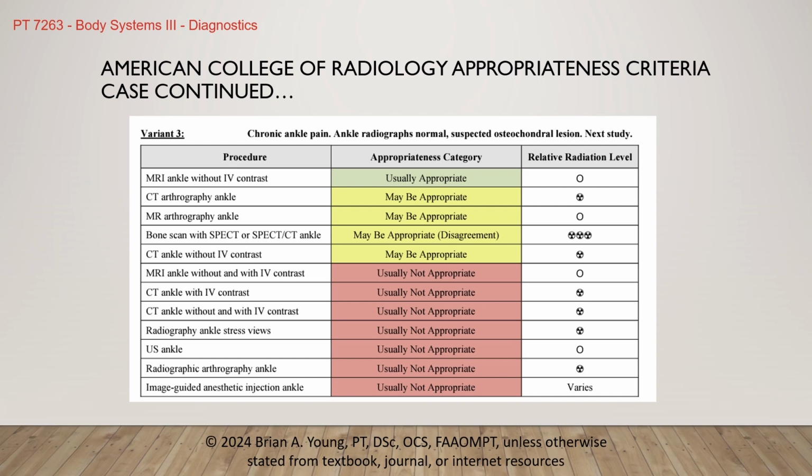So I encourage you to take some time to look at the ACRs, go in and just play around on that website and look at back pain, look at shoulder, look at the different variants that you see on there and get some familiarity, because this will be a great tool to use not only if you refer for imaging, but if you just recommend or point somebody back to this as your recommendation and substantiate your position, and it helps to solidify your clinical exam also.